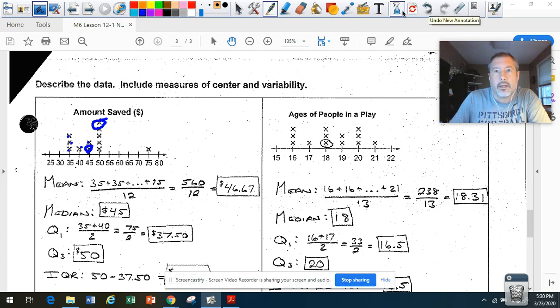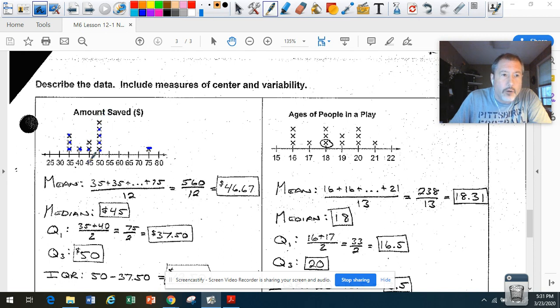Let me go back here and take a look at this. Let me cross this stuff out. So if I go 1, 2, 3, I'll do bottom, 4, 5, 6, 7, 8, 9, 10, 11, and 12.